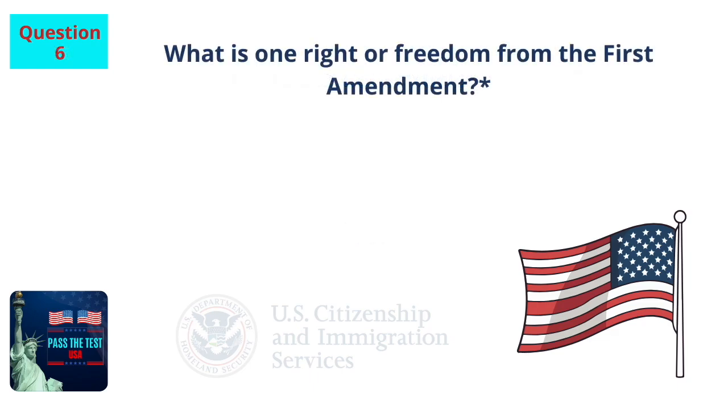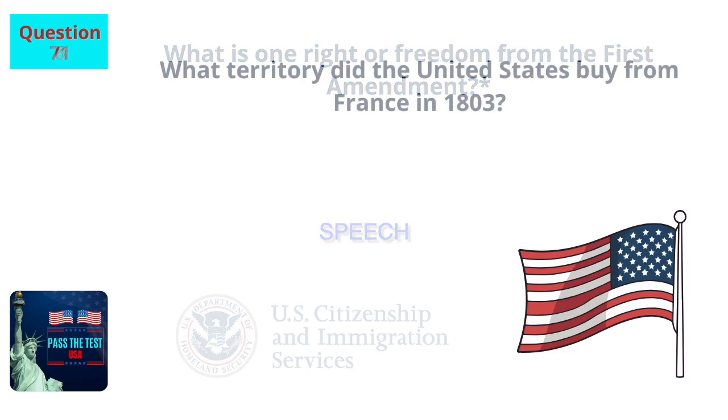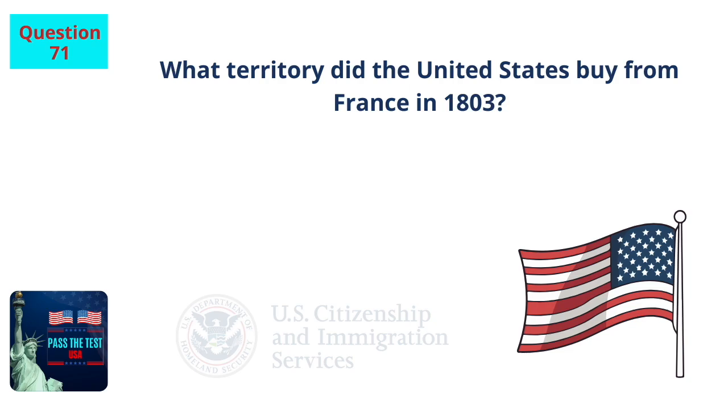What is one right or freedom from the First Amendment? Speech. What territory did the United States buy from France in 1803? The Louisiana Territory.